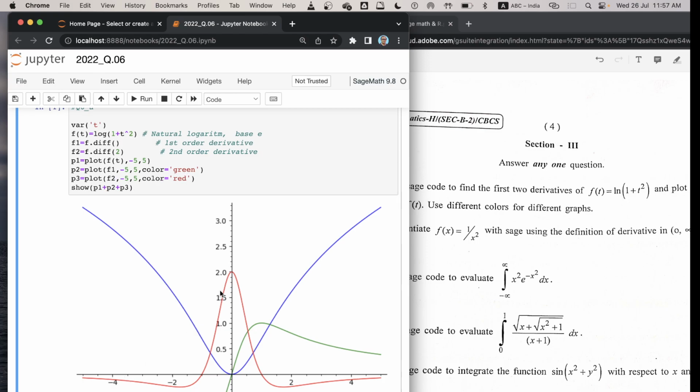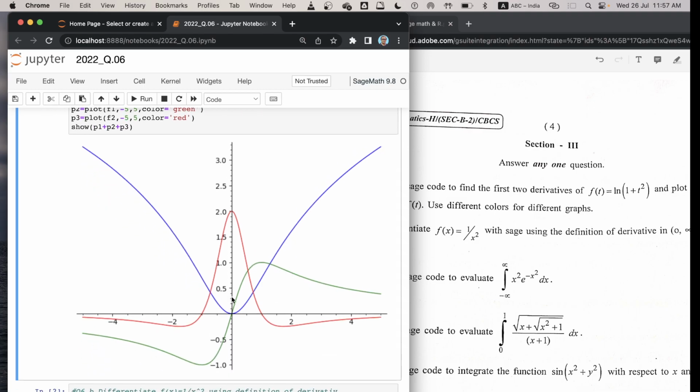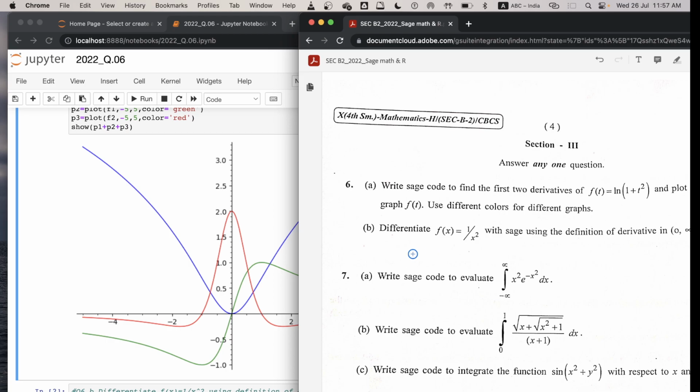So color red is the second order derivative, color green is the first order derivative function, and color blue, simply blue, no color mentioned here, an automatic choice, is for the function f. So this is the beautiful graph for this.